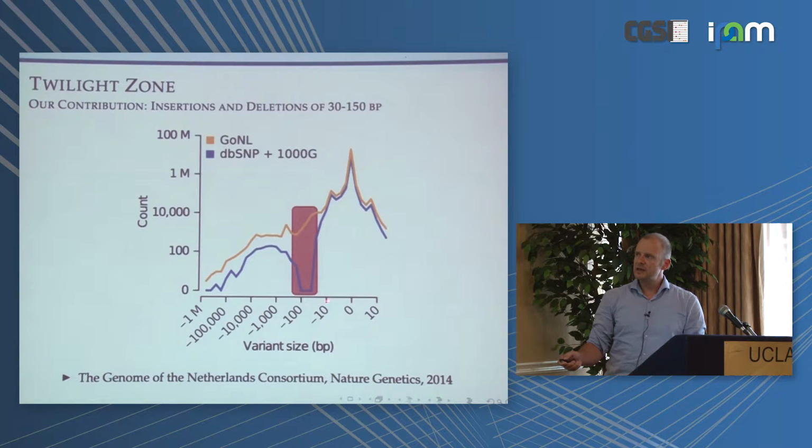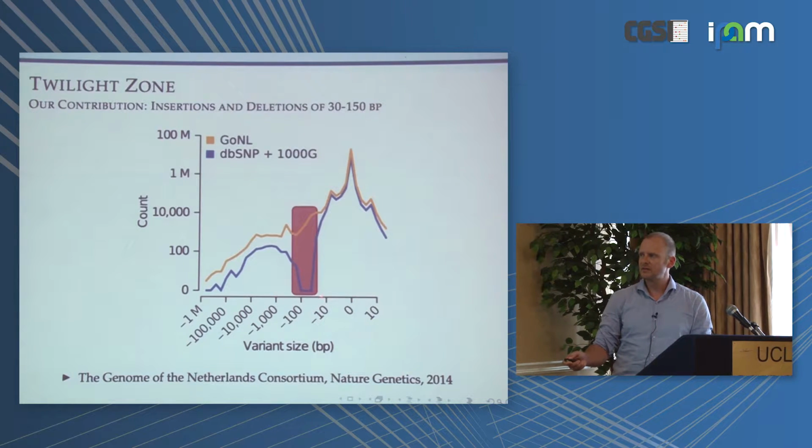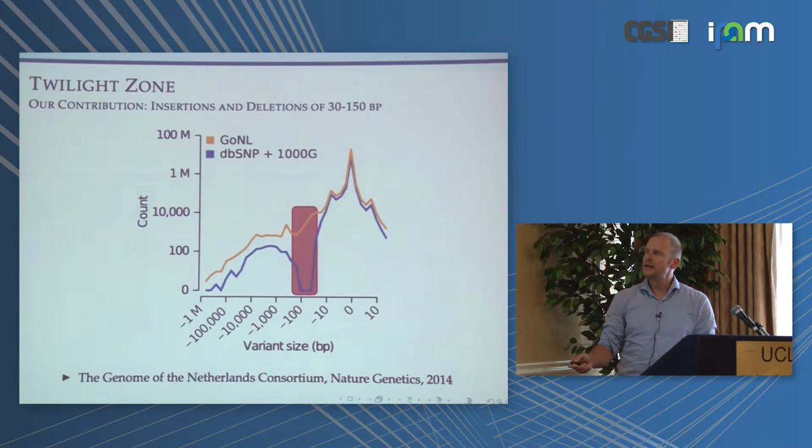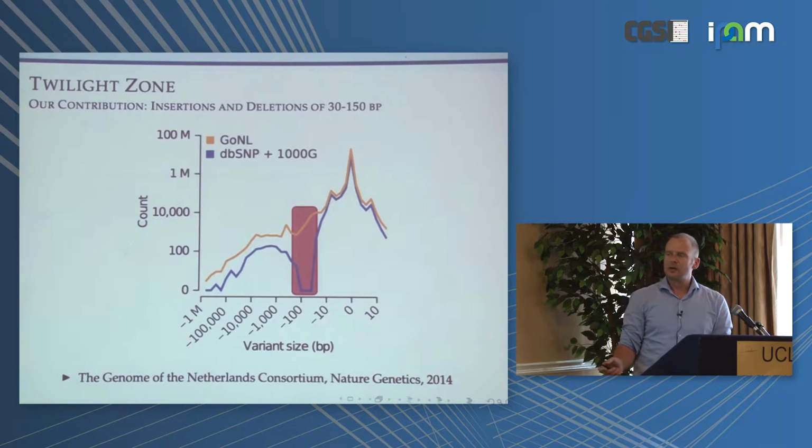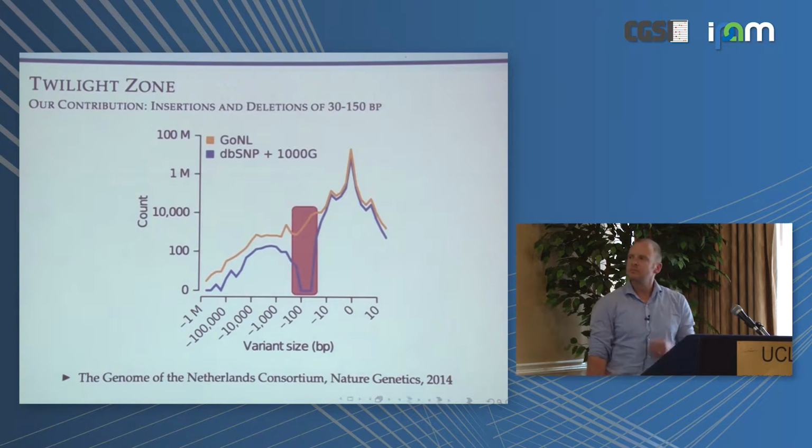This is the length range of the insertions or deletions, so minus is for deletions, and this is 30 to 150 here. The blue plot is the 1000 Genomes plot, and this is the amount of variants discovered. In this region, nothing had been discovered by the 1000 Genomes project. Then in the frame of Genome of the Netherlands, we finally discovered lots. This was our contribution to the project.